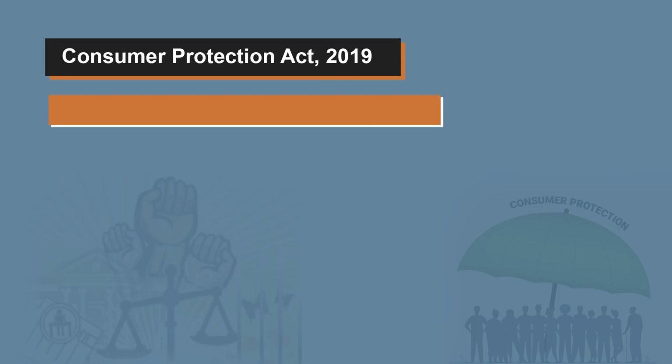Further, a product manufacturer shall be liable for defective products even if it is proved that they were not negligent or fraudulent in making the express warranty of a product.